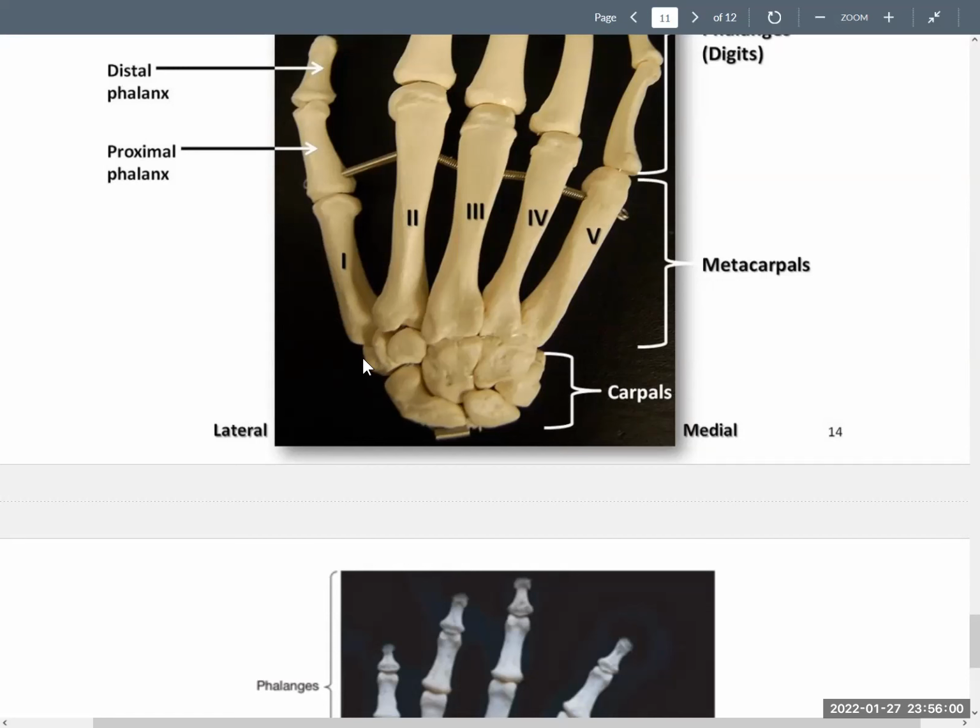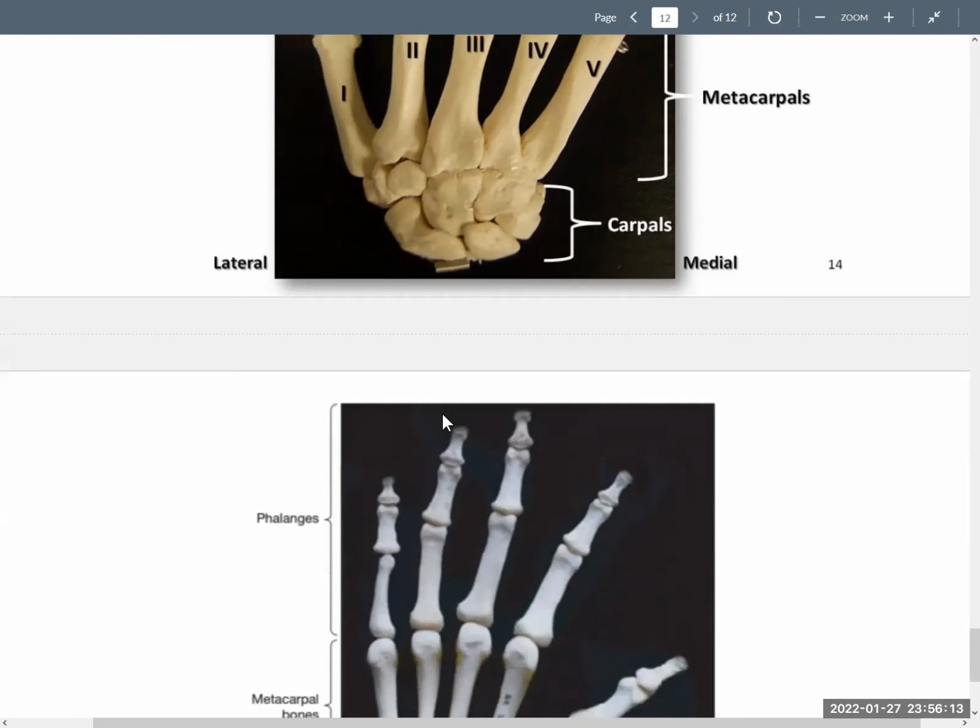If we come over to the trapezium and trapezoid, under these 2 there's a large boat called the scaphoid. It's also known as the navicular. Scaphoid, the more common name these days. Follow it along. The next bone it touches is the lunate.